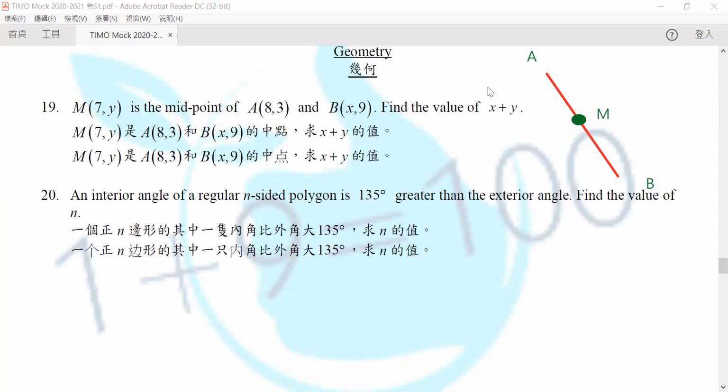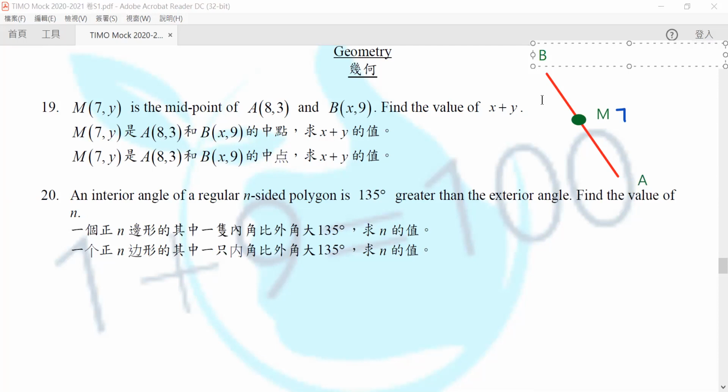The x coordinate of M must be the median or the average of the x coordinates of A and B. But A is 8. So what? Oops, this is not A. This is A. And this is B.